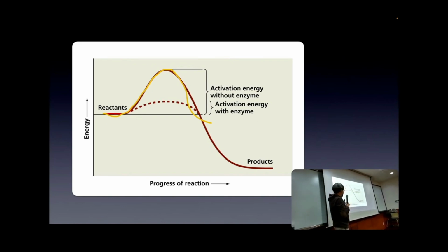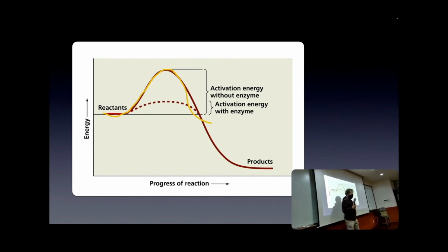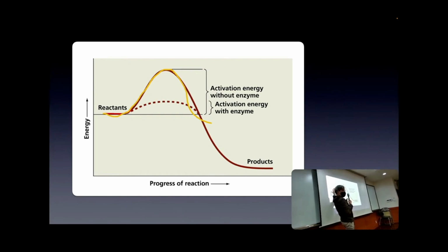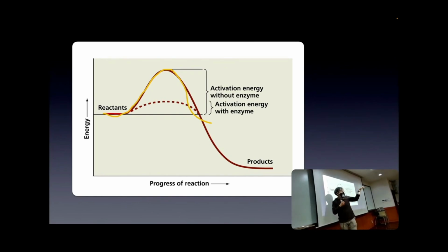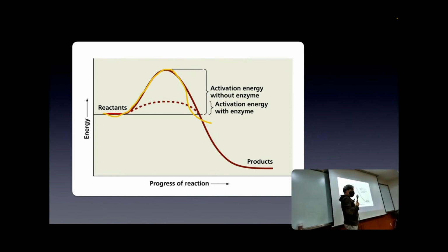So in other words, at the end of the reaction, this is the reaction progress, this whole product will have a lower energy, which means where did all that energy go then? It was released. So that's another way of presenting the characteristic of spontaneous reaction, right?